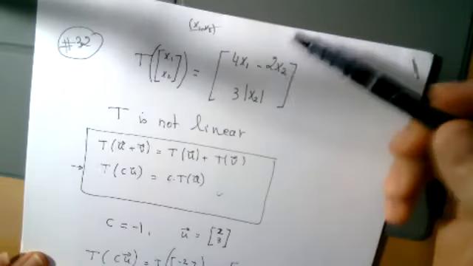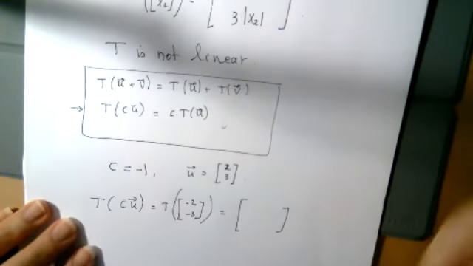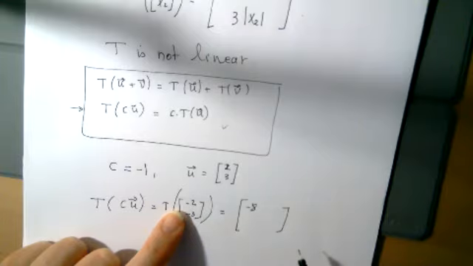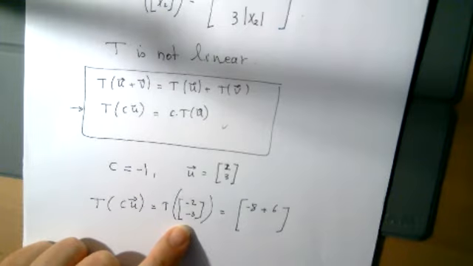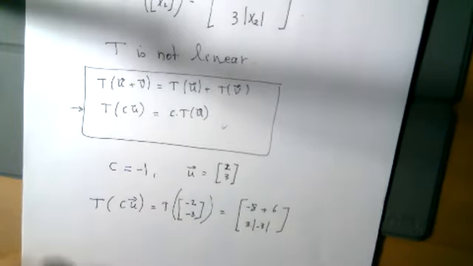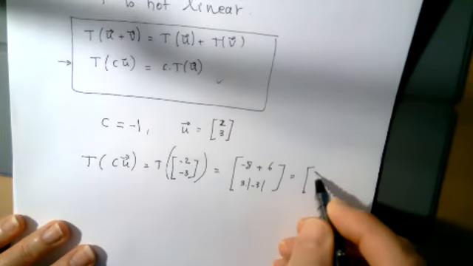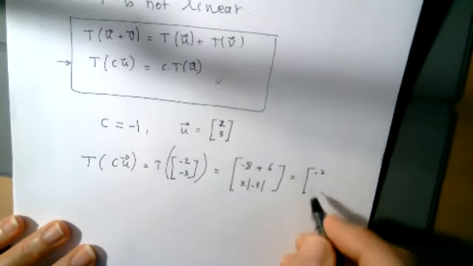It's 4 times the first component minus 2 times the second component. So it's 4 times the first component, so it's -8, minus 2 times the second component, which is 6. What's the second entry of the image? It's 3 times the absolute value of your second component. So now let's compute that. That's going to give me -2 on top, and the absolute value of -3 is 3, which is going to give me a 9.